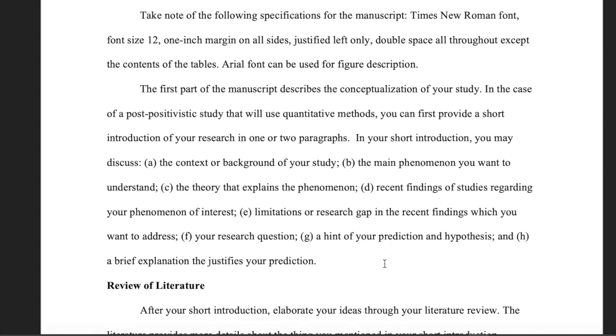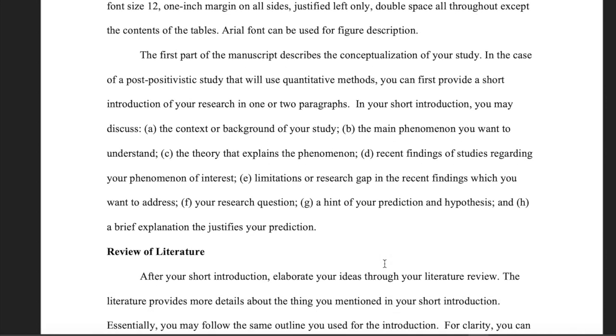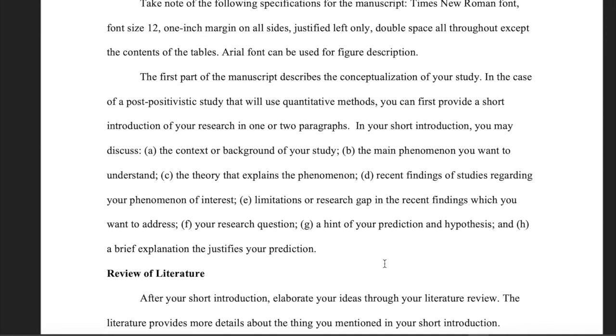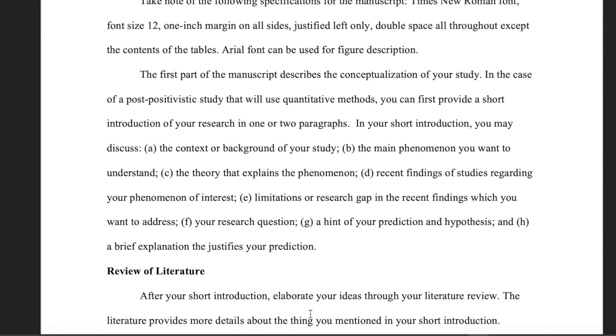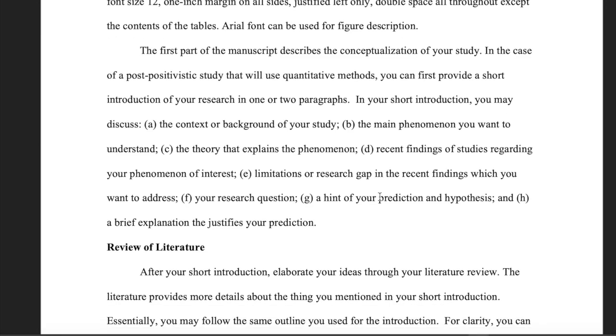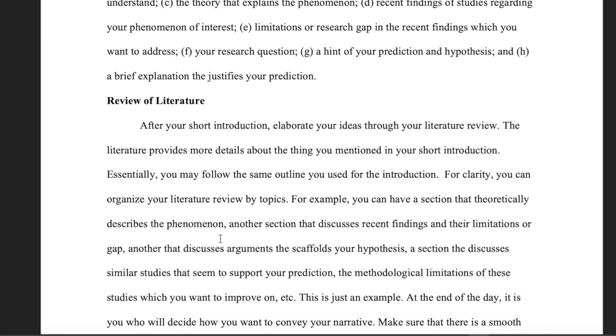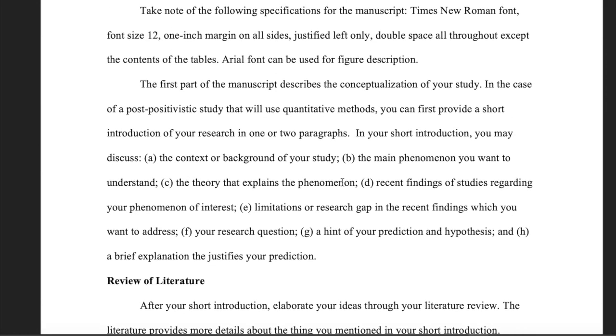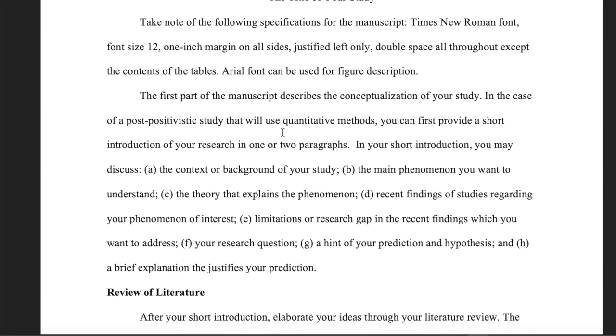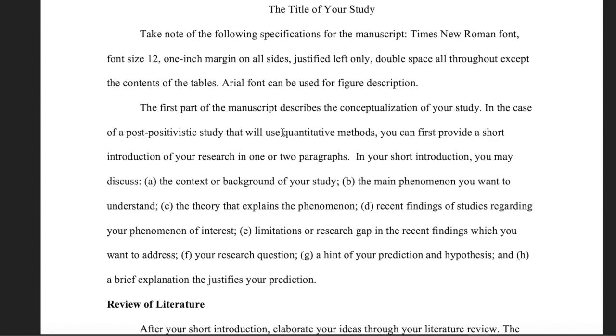There are two ways to look at this. Sometimes I would say that the literature review fleshes out the introduction because the introduction seems to be an outline of the things that will come ahead. So I sometimes would say that the literature review fleshes out the introduction, but in reality, it's not really fleshing out.